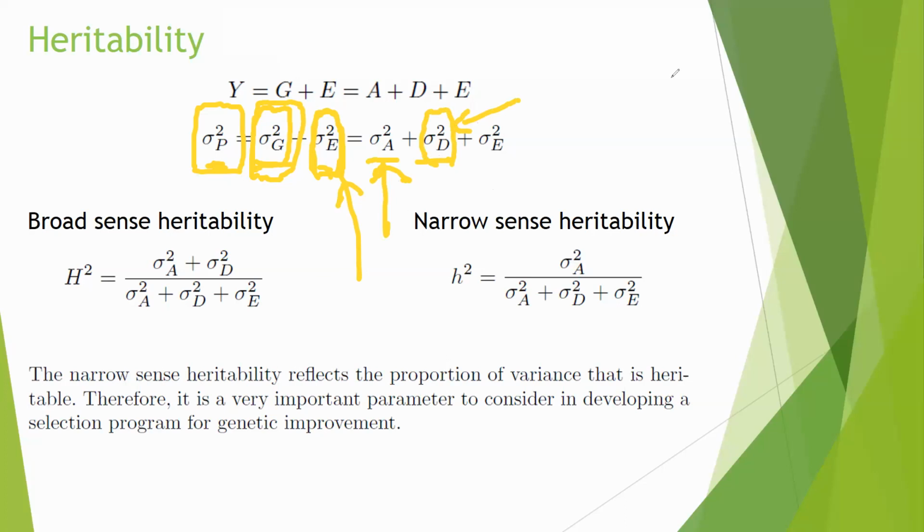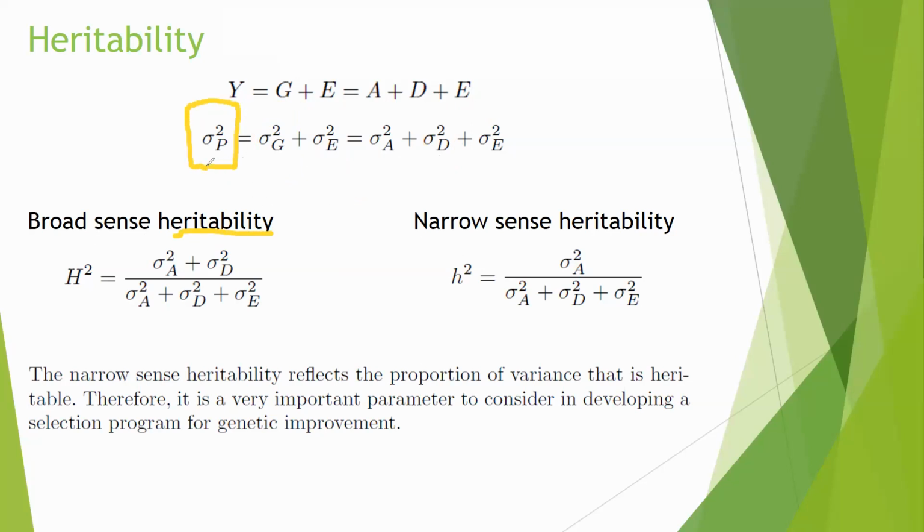So that's why we have two versions of the heritability. Heritability is the term to describe, among the total observed phenotypic variation, what proportion can be explained by the genetic effects.